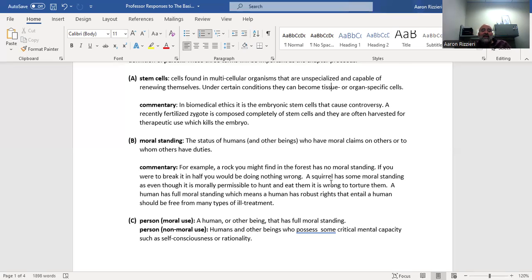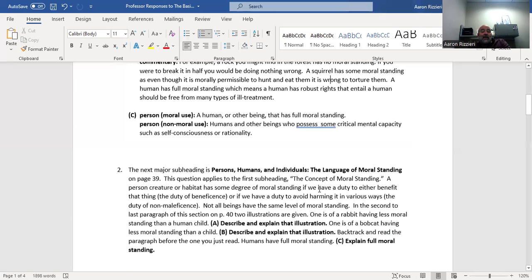So your moral standing is kind of like the degree to which other beings have responsibilities towards you, and moral responsibilities often cluster around either not harming someone else or positively benefiting them in some way. And as this definition shows, moral standing can come in degrees.